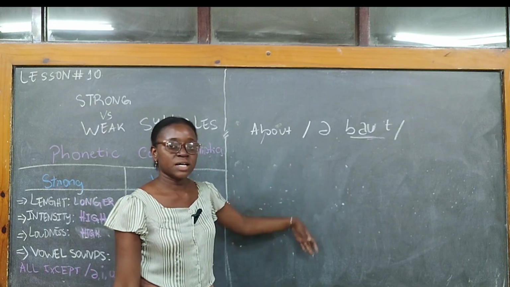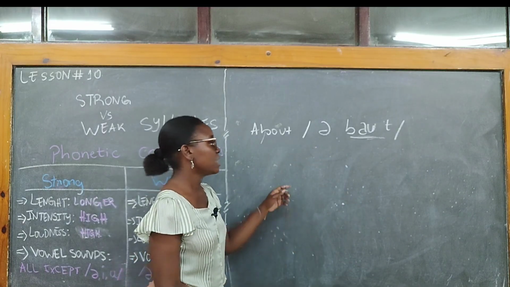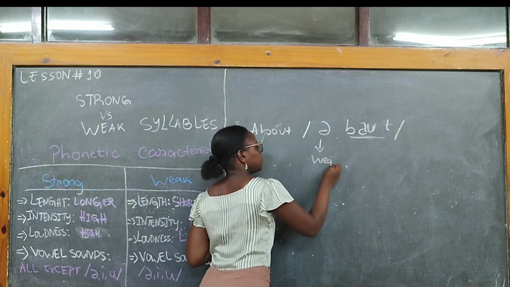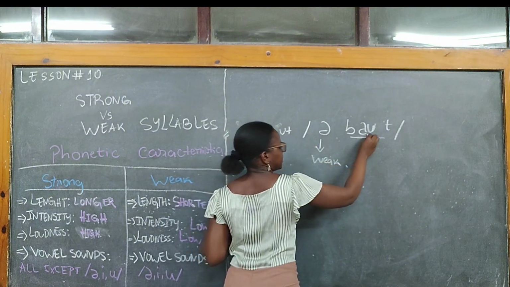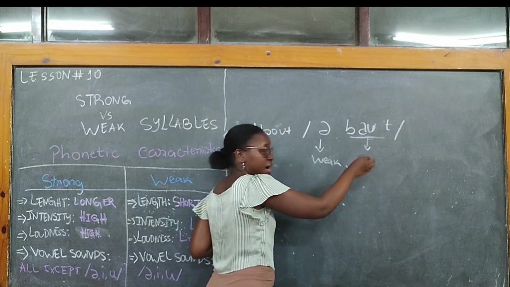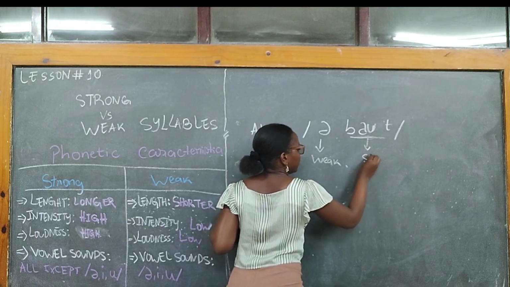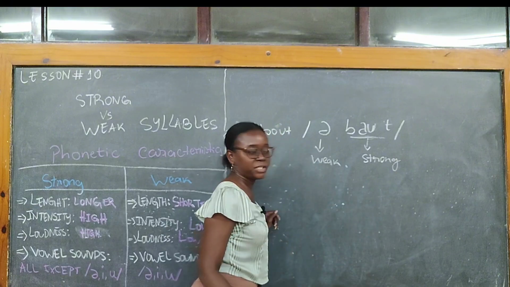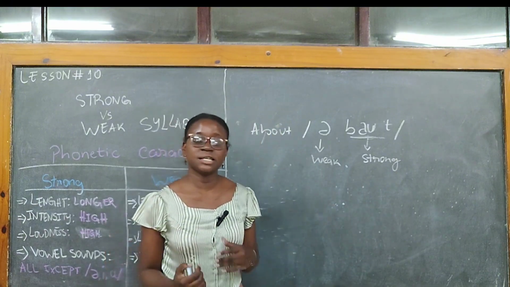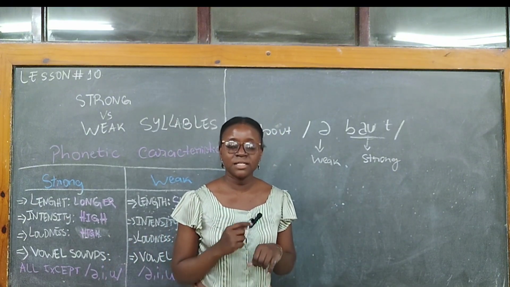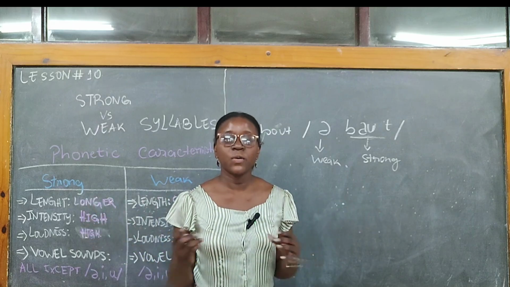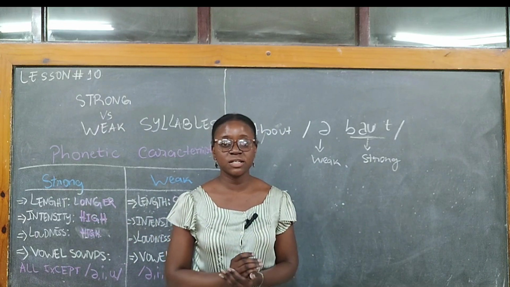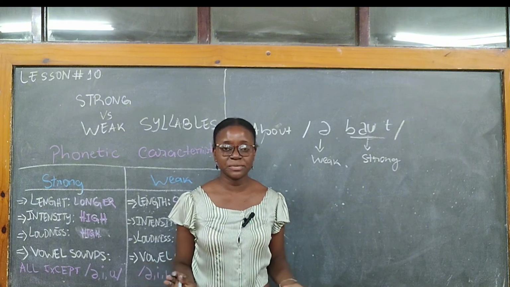So this leads us to a conclusion that this is a weak syllable and this, the diphthong ow, is a strong syllable. Why? Because we are analyzing in terms of timing, in terms of length, which one takes longer and which one takes shorter while being pronounced.